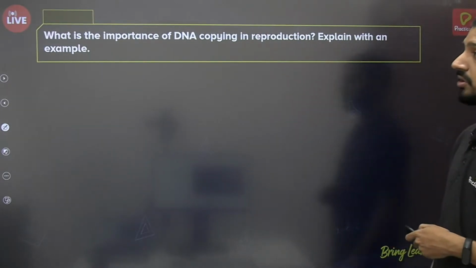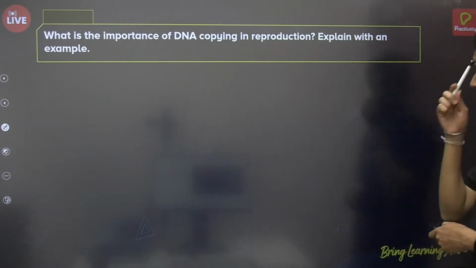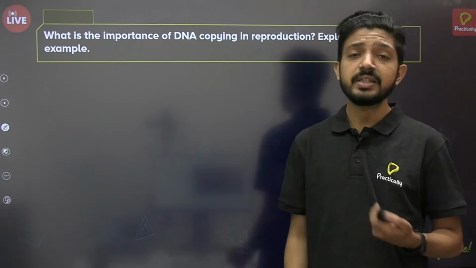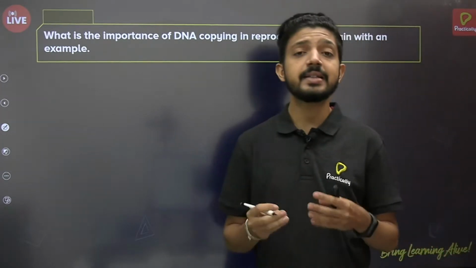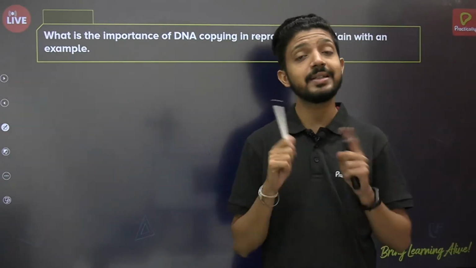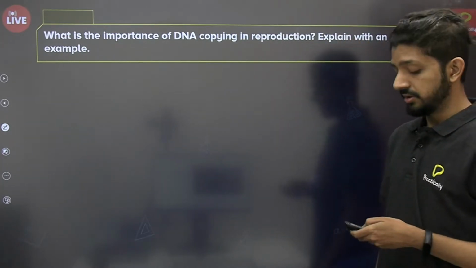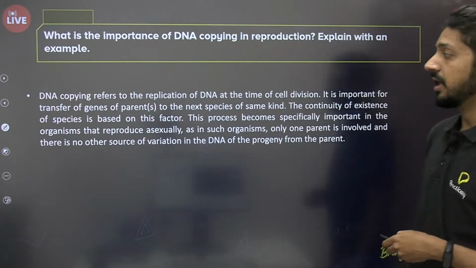What is the importance of DNA copying in reproduction? Explain with an example. Okay, so DNA copying is a very important step in reproduction. So why is it important? Let's see.